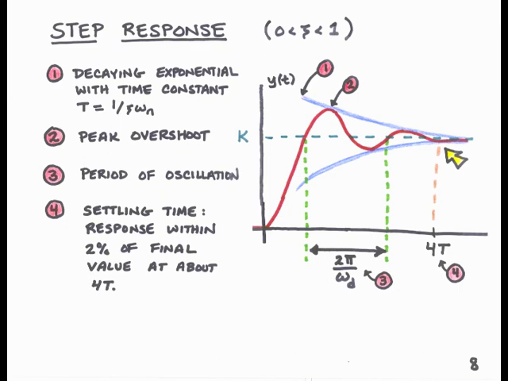The period of oscillation of the sine wave is given by 2 pi over omega d, where omega d is the damped natural frequency. The settling time, at which it falls within 2% of its final value, is about 4 times the time constant, t, and that point is labeled with the yellow arrow. All of these important attributes of the step response are related to the location of the poles in the complex plane.